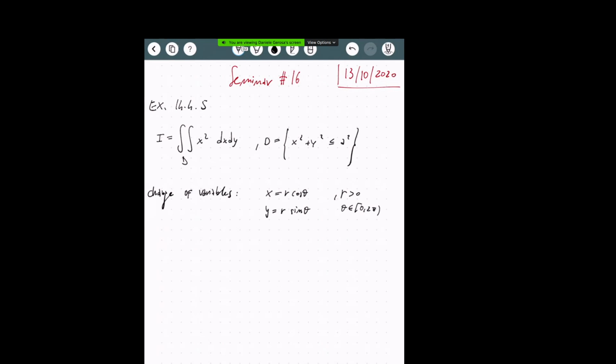So the formula for changing the variables tells us that I is going to be equal to the double integral of D. Now this D, maybe I should write D in r, theta, because it is D but written in polar coordinates.